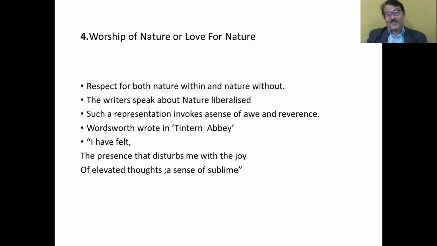Wordsworth worshipped nature, and Coleridge found nature in its supernaturalism. Shelley philosophized nature. That's what I quoted, Ode to the West Wind.